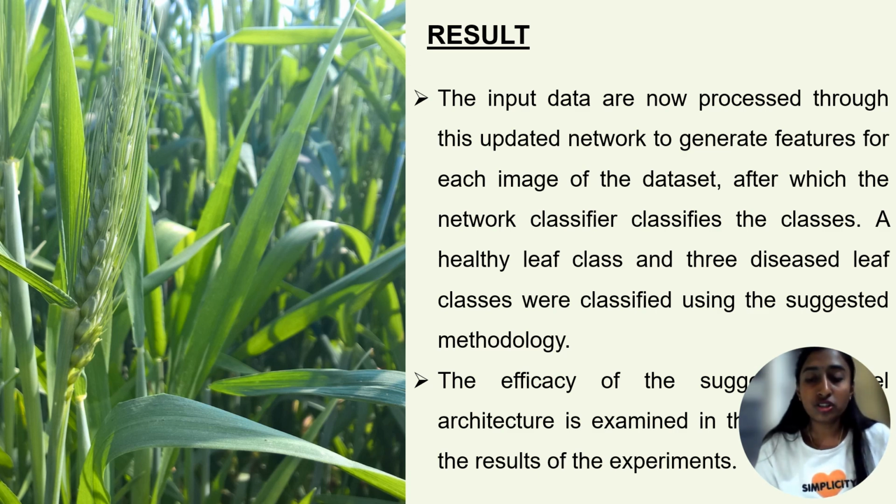Coming to the efficiency, this model is very efficient as it can give warning systems. These are some of the results of the early detection, and some of the results of the experiments.